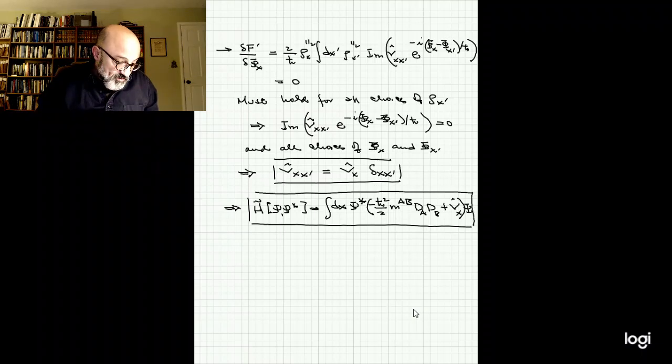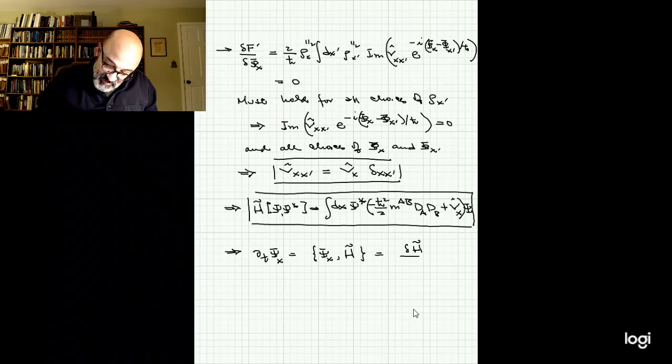If we do the Hamilton's equations, the equation for evolution of psi is going to be, you do the Poisson bracket of this psi with the Hamiltonian. And this amounts to doing the Hamilton equation when you take the derivative with respect to the momentum.